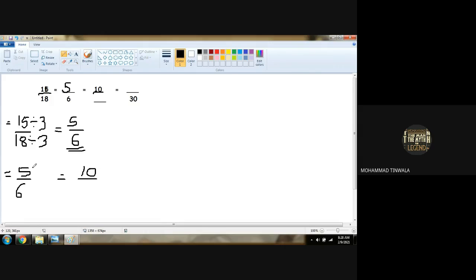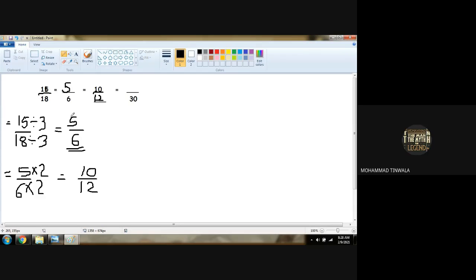So to take 5 to 10, what do we multiply by? 5 twos are 10. Let me tell you one thing: from a smaller number to a greater number it is multiplied. If the greater number is given and we have to go to a smaller number, it has to be divided. So 6 will also be multiplied by 2. 6 twos are 12. So we got 12.